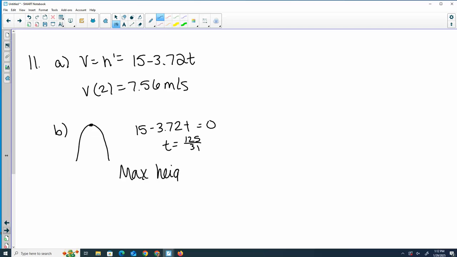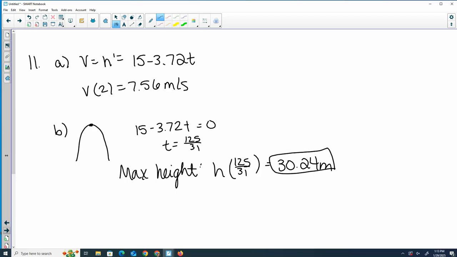Plug the time into this equation. So we go to the original, and that was where I got my 30.24. So two things were involved there. We had to know that maximum is when the derivative is 0, and then that gave us the time, and I wanted height.